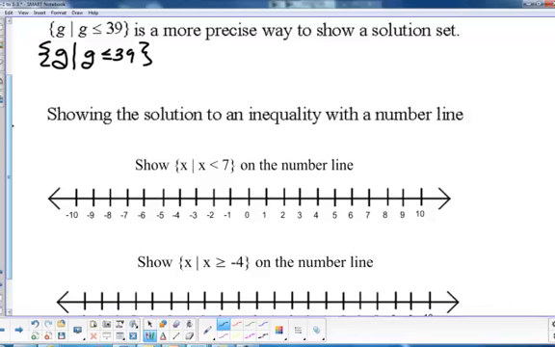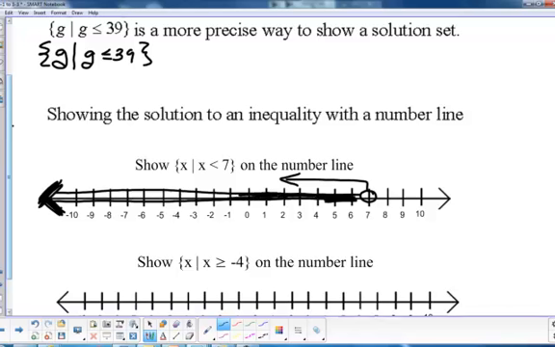If you're going to show that x is less than 7, because 7 is not part of the solution, less than numbers work in this case. It's easier to draw, but either is totally fine.